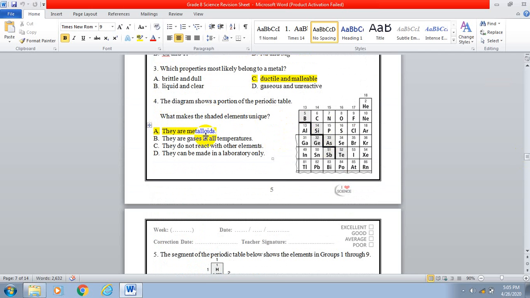What makes the shaded area unique? They are all metalloids, like boron, this is gallium, and like this. They are all metalloids.